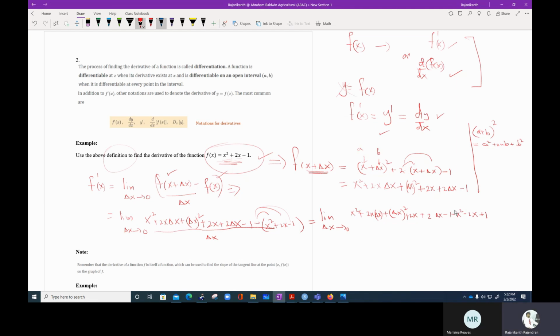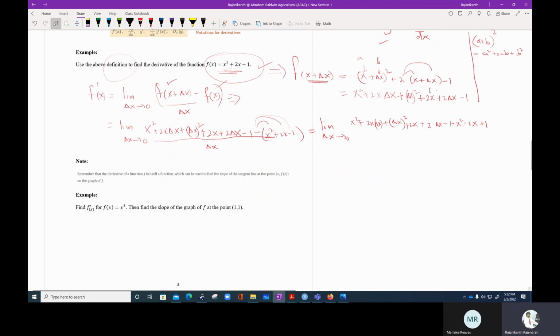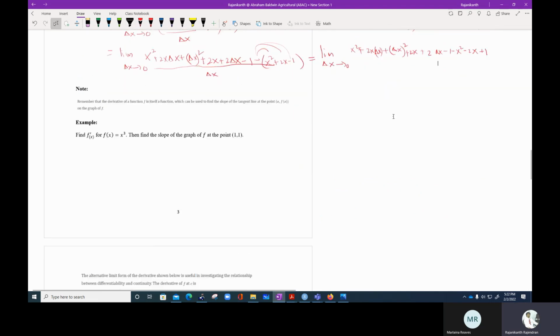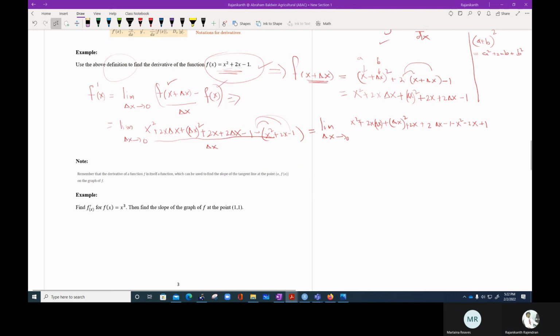Now you have to simplify this. Some terms are going to be cancelled. So let us simplify this, all over delta x.